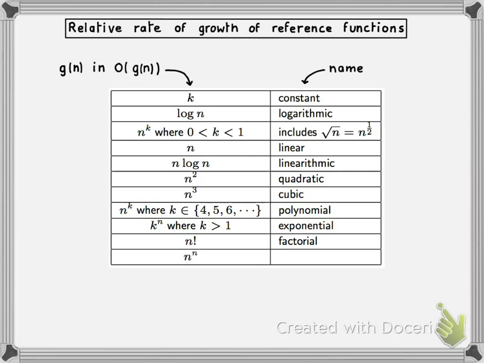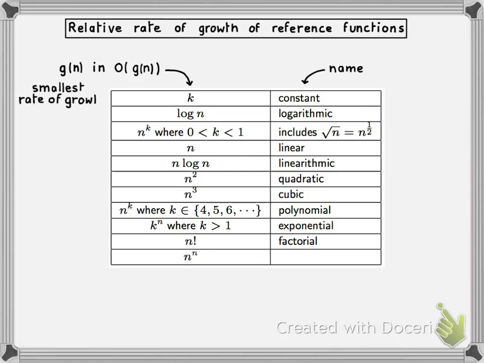Now, the most important feature of this table is that the reference functions are listed in a very specific order. In fact, they are listed in the order of their rate of growth, from the smallest rate of growth, or the function that grows the slowest, all the way up to the function that grows the fastest.